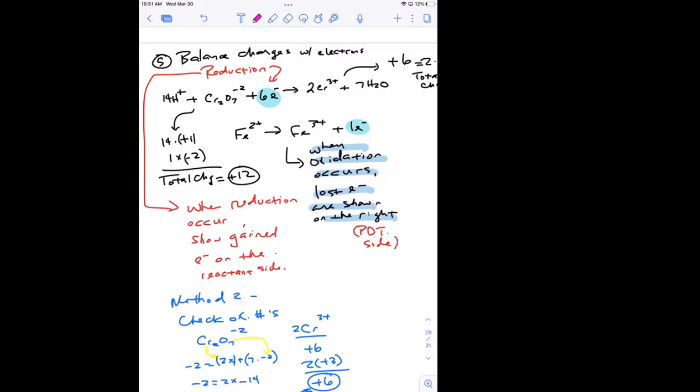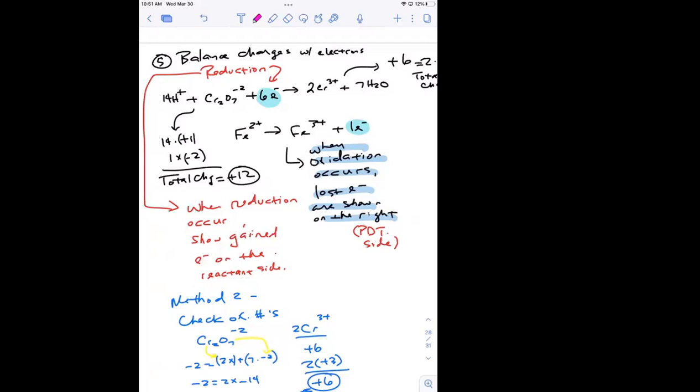So iron is my reductant. It's the reducing agent, even though it got oxidized. That means it gave up electrons. Chromium is the oxidant because it accepts electrons. Notice it's +6 with that chromate. So the dichromate is the oxidant, and iron is the reductant.